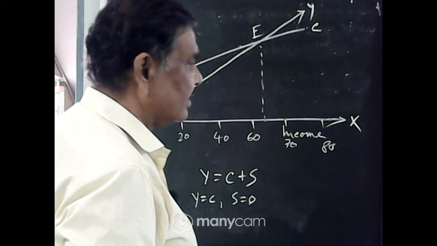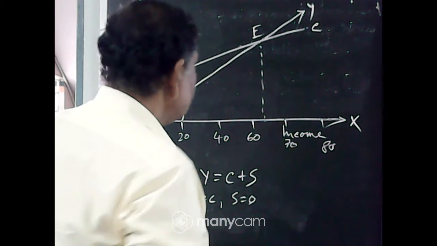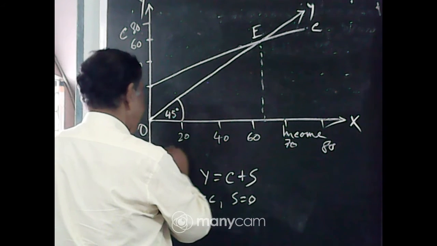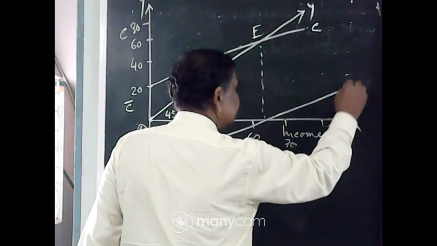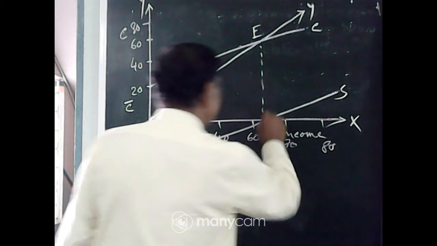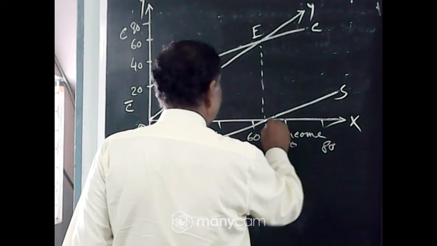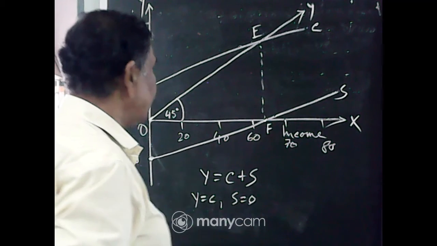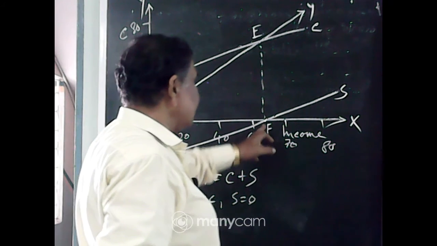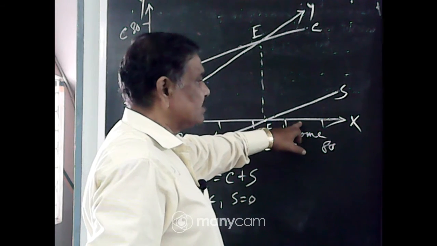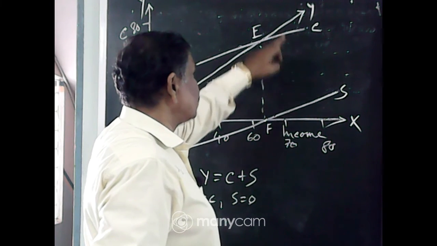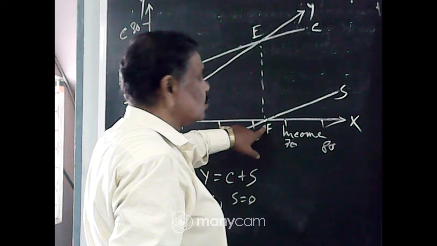Jyotirmoy, is it clear or not? So this is the saving curve. Now suppose this point F is the point where the saving curve intersects the horizontal axis of the diagram. Here at point E, Y is equal to C, therefore S is equal to 0.